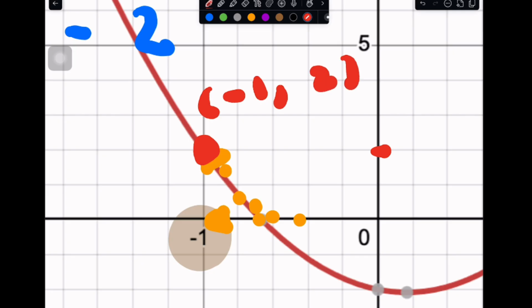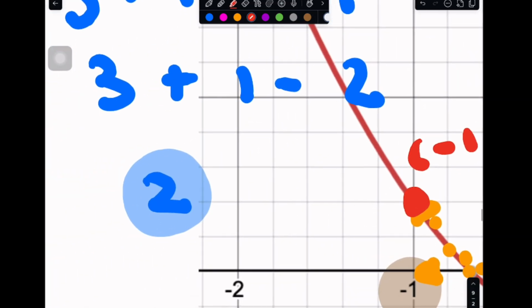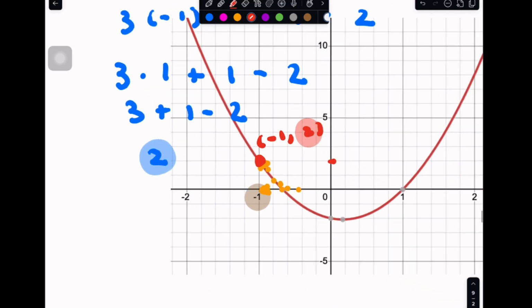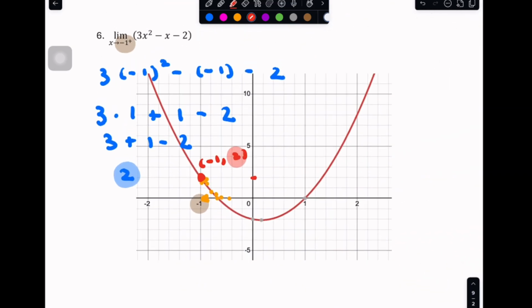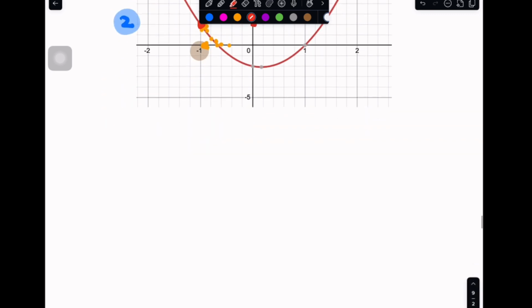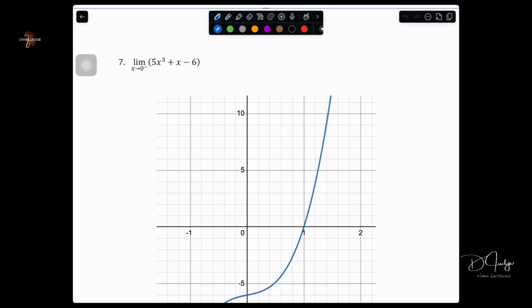Is that true? You guys with me on that? Is that what we got over here? Yes. So this is the right picture, is what I'm saying. Do you guys see how nice these curves are? The what? Polynomial curves. And then I have how many more examples? Okay, we're going to continue working with limits for polynomial functions.